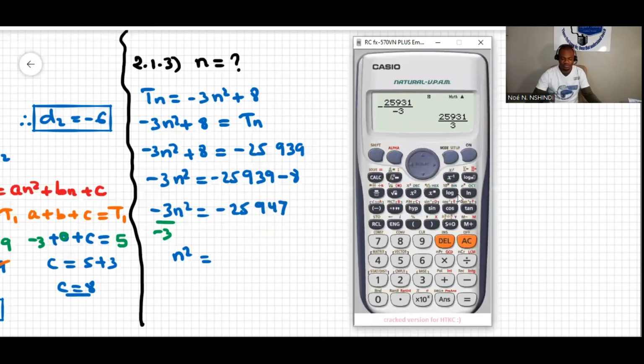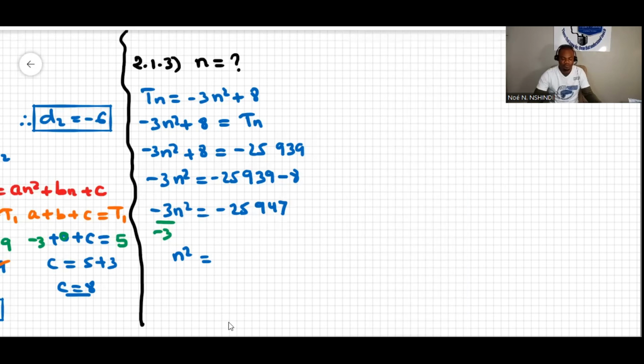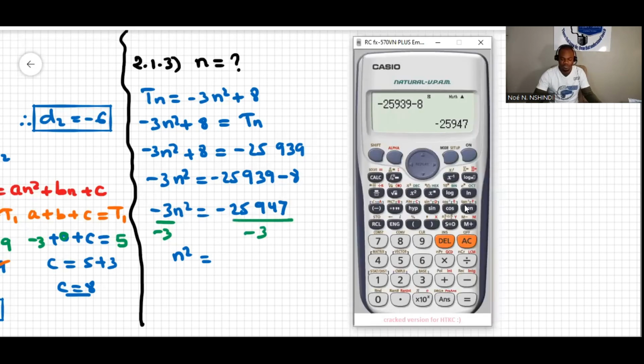You can check in the calculator: negative 25,939 minus 8 is equal to, yes, negative 25,947. So if I divide both sides by negative 3, this is equal to 8649.